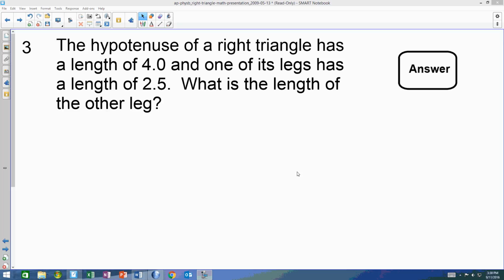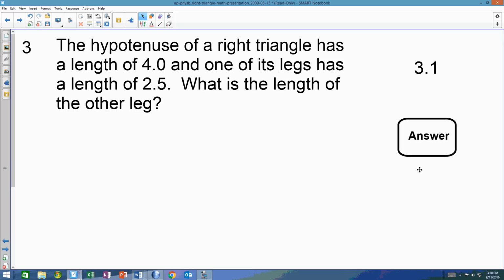Okay, I'm not going to show the work for this one. You're still going to use c squared equals a squared plus b squared. But instead of solving for c, you're going to solve for a or b. That means you should end up with c squared minus either a squared or b squared, and then you take the square root of that. So let's check the answer. You should have gotten 3.1 for that other side.